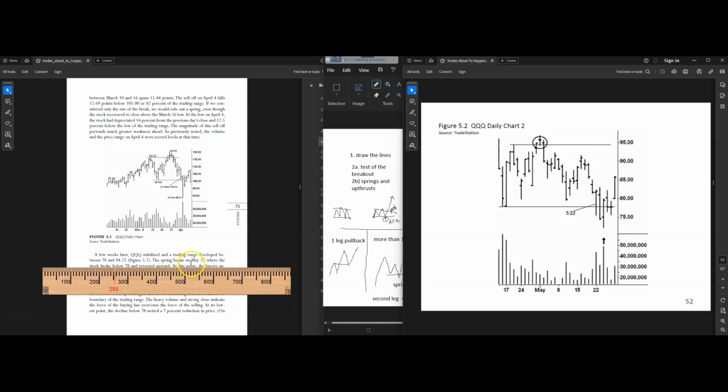The spring began on May 22nd. Look at May 22nd. Do you see the low? How much did the low go down? It didn't. It's a little penetration of the support line.